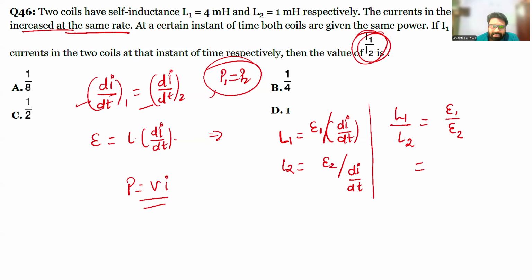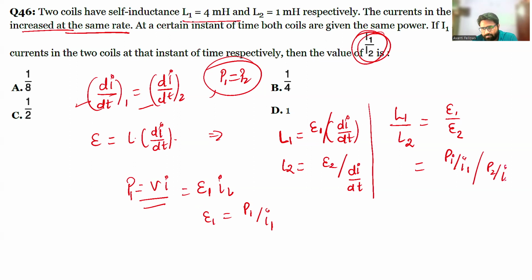V is nothing but the epsilon 1 for this first coil. So we can also write power P1 is equal to epsilon 1 into I1. So if you put the value of epsilon 1 in terms of power, P1 upon I1, and P2 upon I2, it will become I2 upon I1 into P1 upon P2. P1 and P2 are also the same.